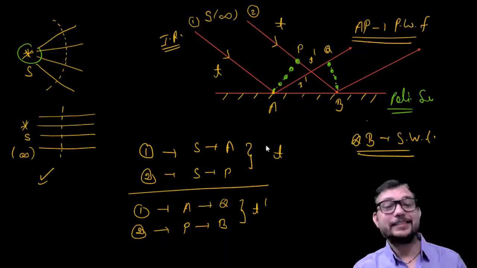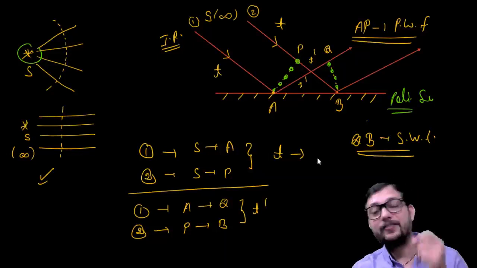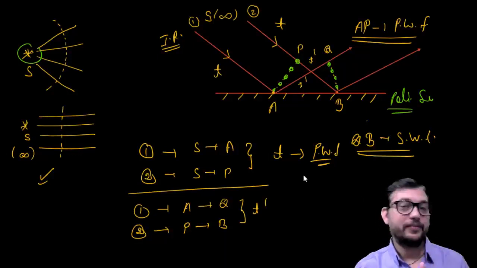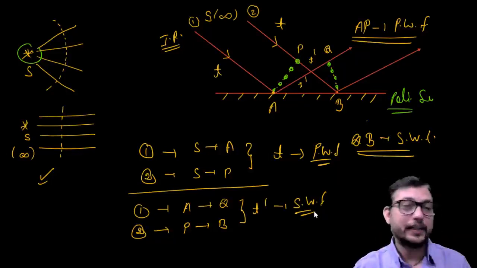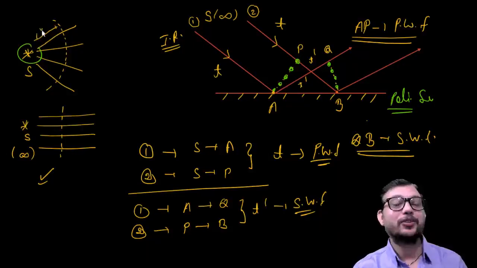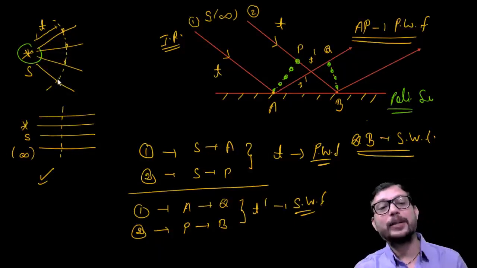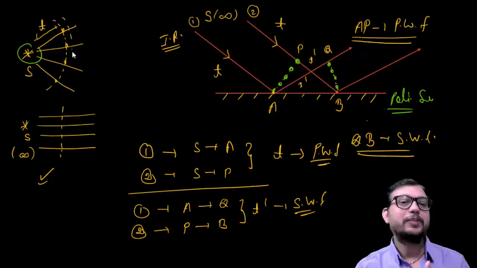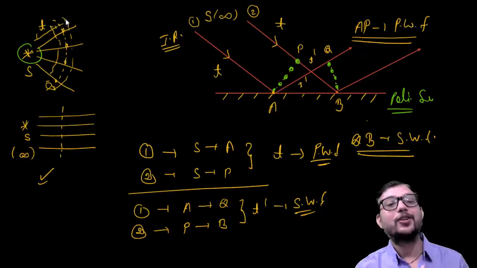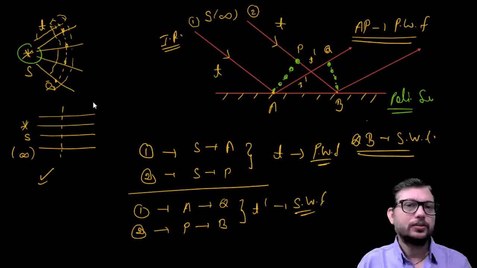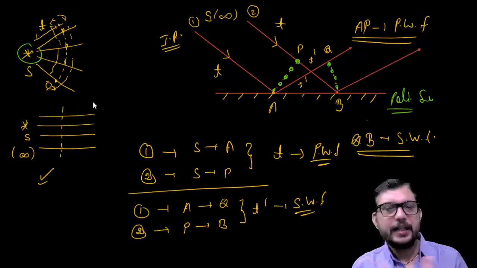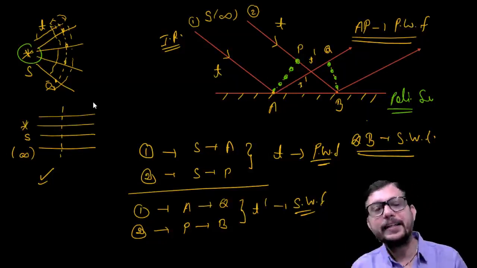After time t we get the primary wavefront, and after time t dash we get the secondary wavefront.